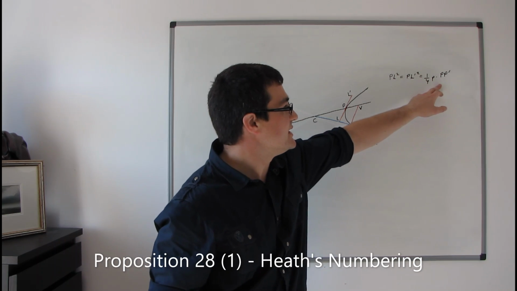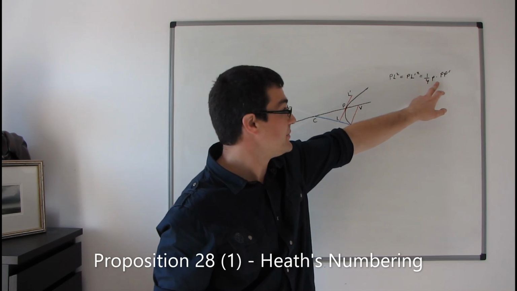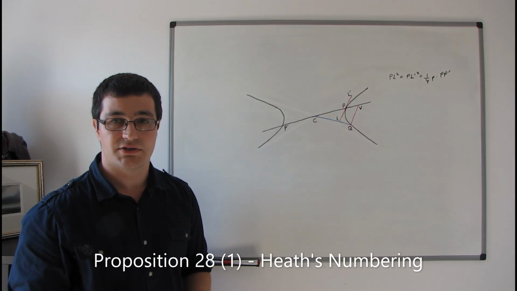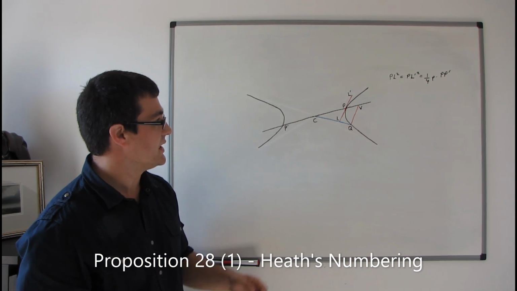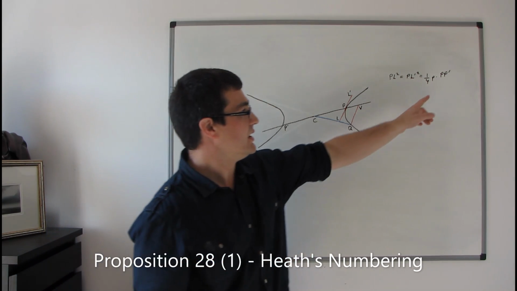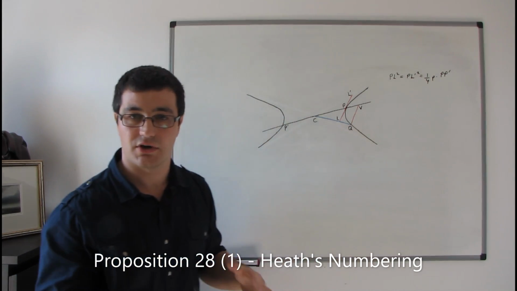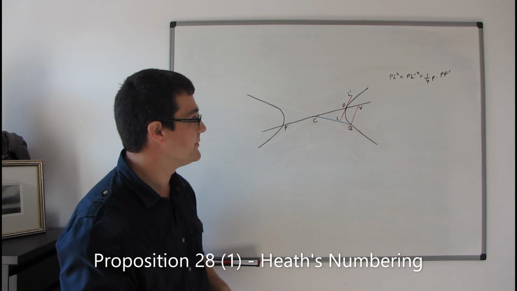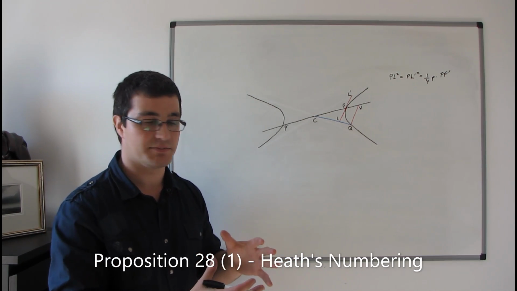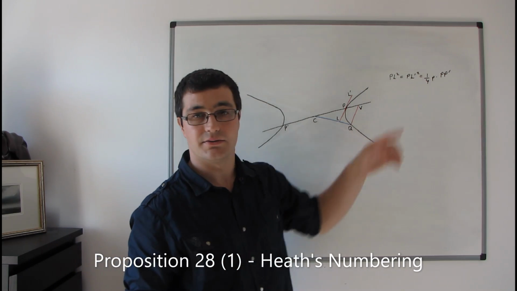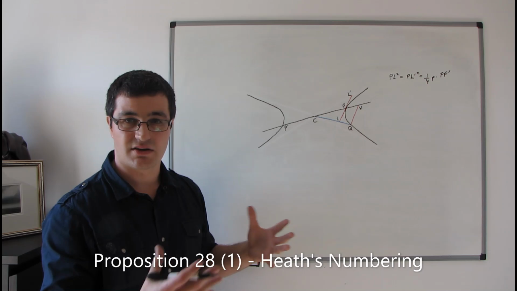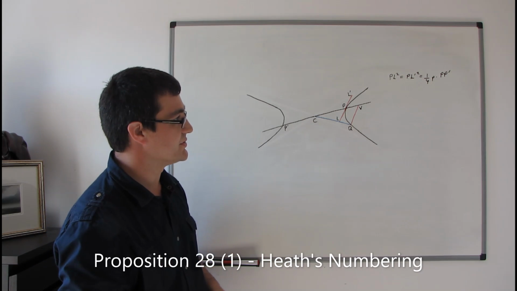This quantity, p times PP', is sometimes referred to as the figure of the conic. I don't know where the term comes from, but it seems to be an important quantity that comes up from time to time: the length of the transverse diameter multiplied by the parameter of that diameter is called the figure of the section.